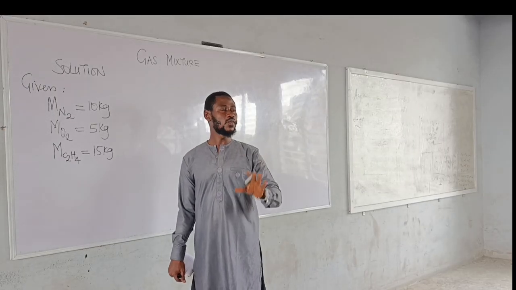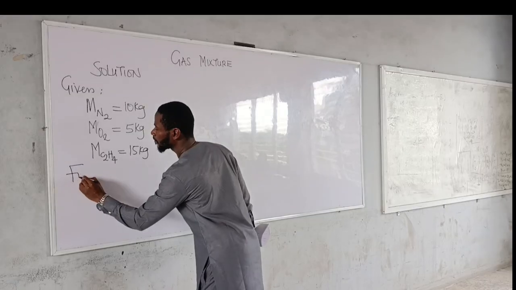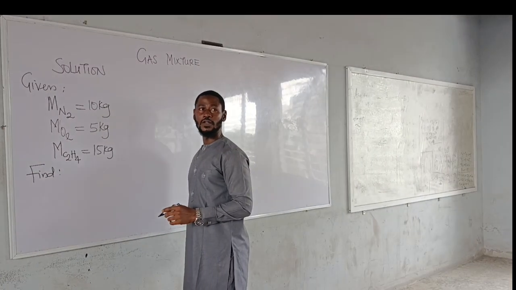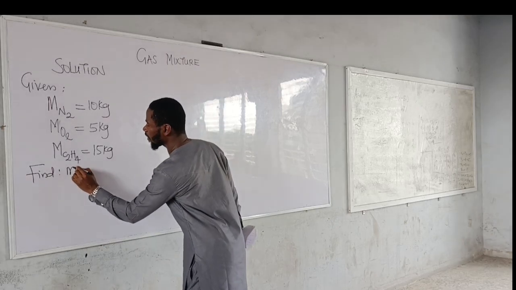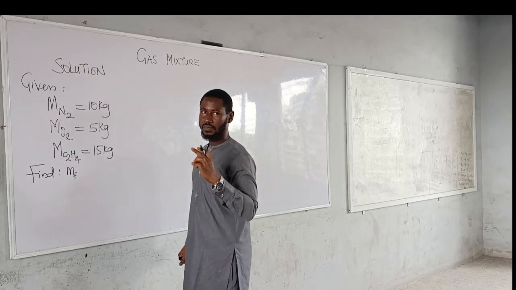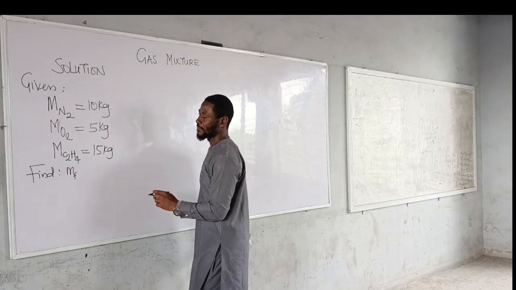Now, we are going to define the unknowns. Find one, the mass fraction of each component: the mass fraction of nitrogen, oxygen, and C2H4.